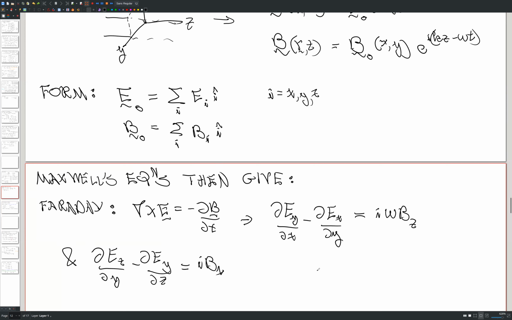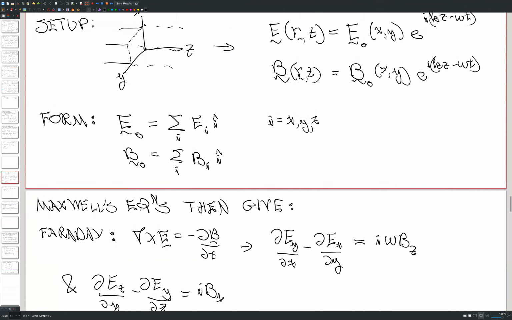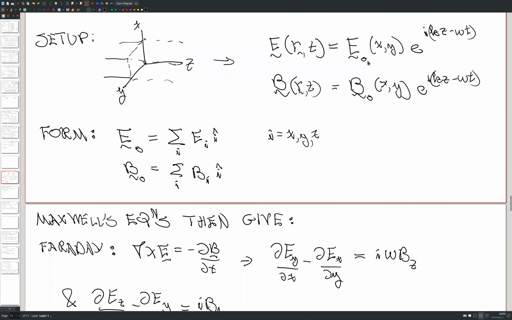Actually, for the last one, you see when I compute the Y component, I have to take a Z derivative of E in the X direction. And then the Z derivative does not act on the other one because it's just depending on X and Y. And the Z derivative just pulls out an ik for me.